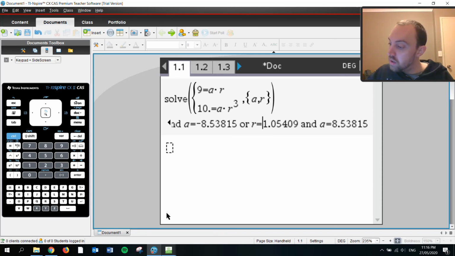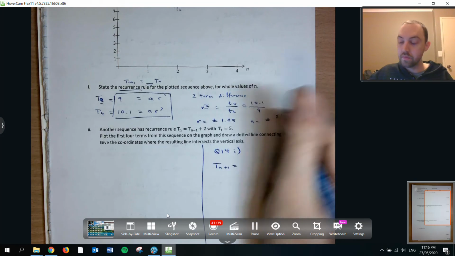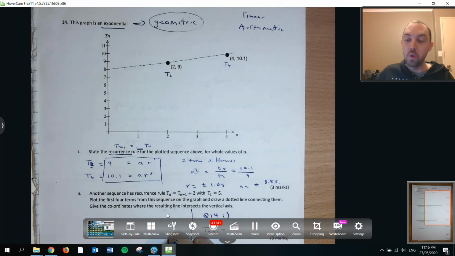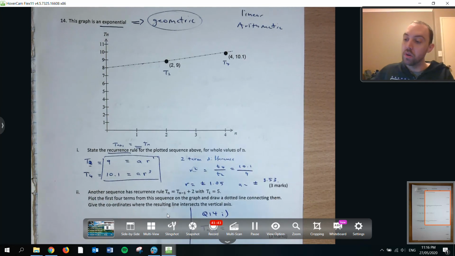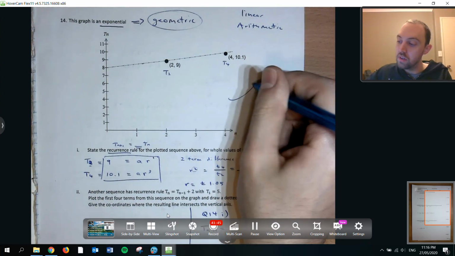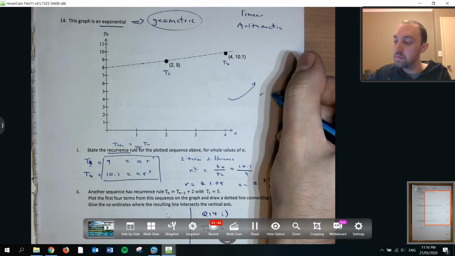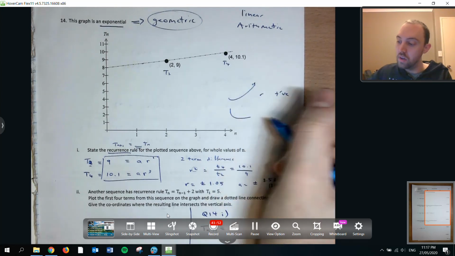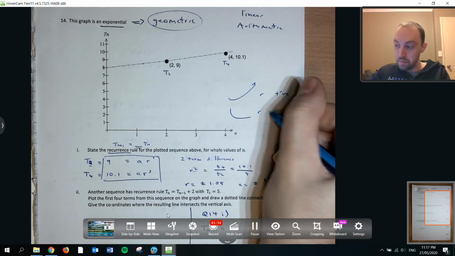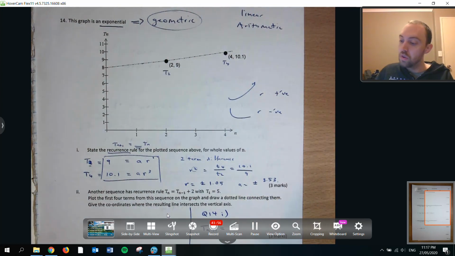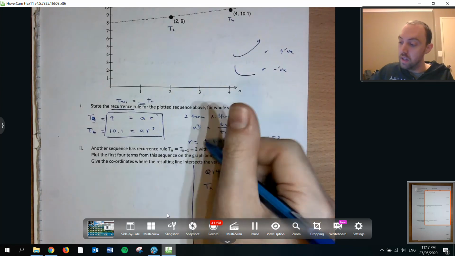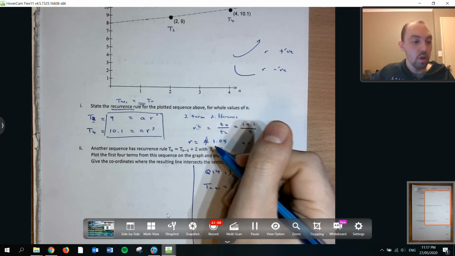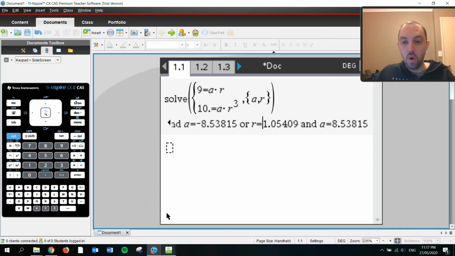Sorry, I've been steering you a little bit wrong up until this point. We know by this graph, because it is actually an increasing exponential, that R has to be positive rather than a decreasing exponential, where R would be negative. So scratch what I've said a little bit down here, it is just 1.05.